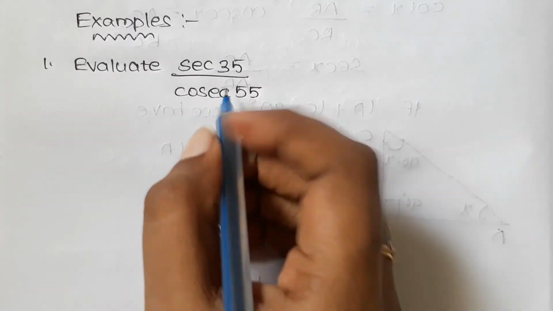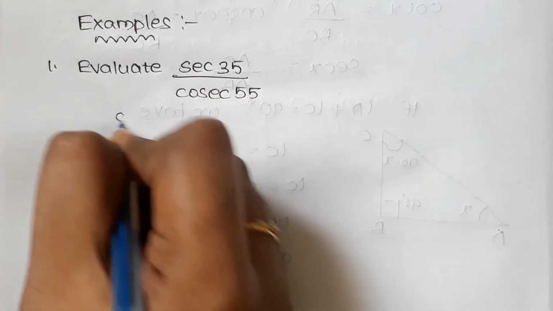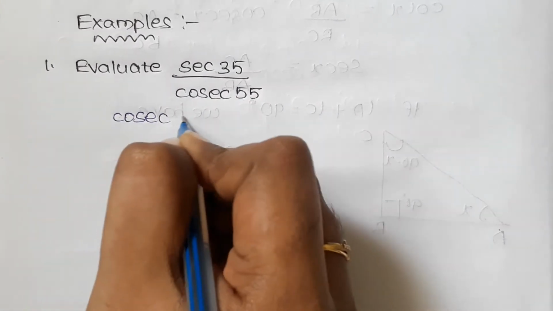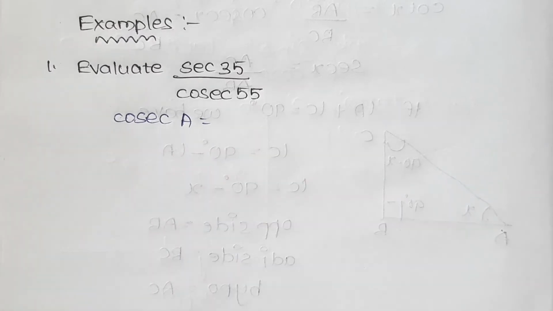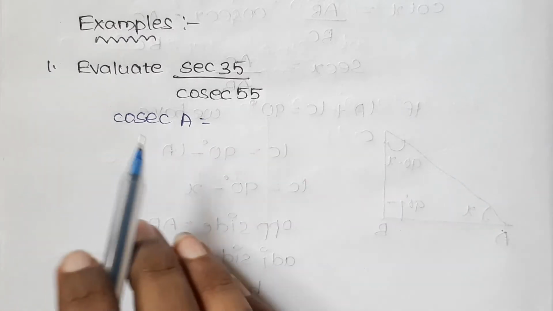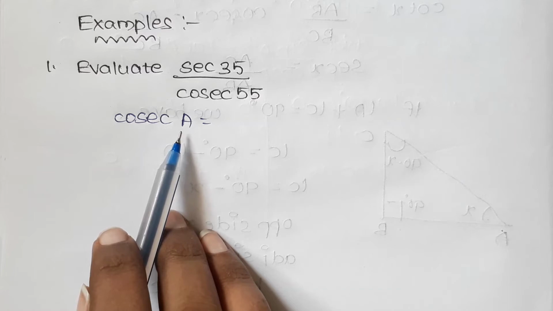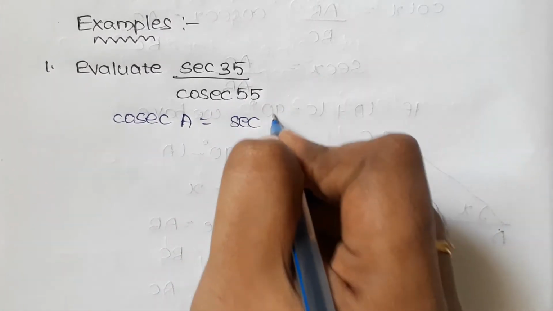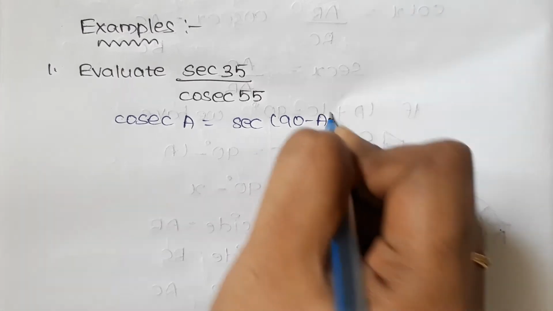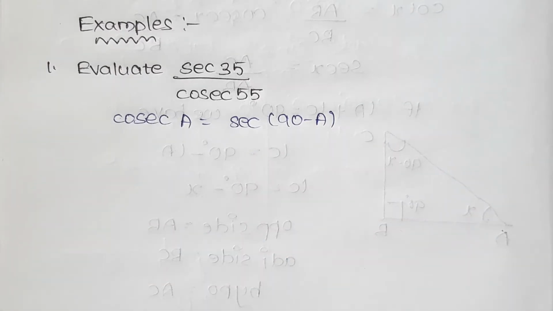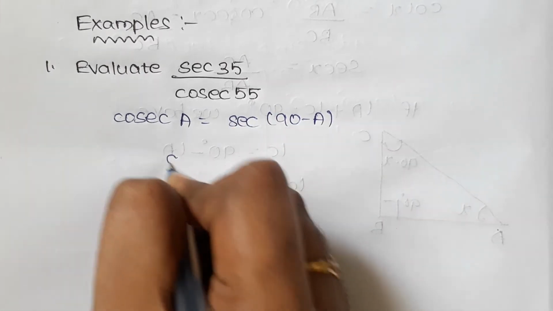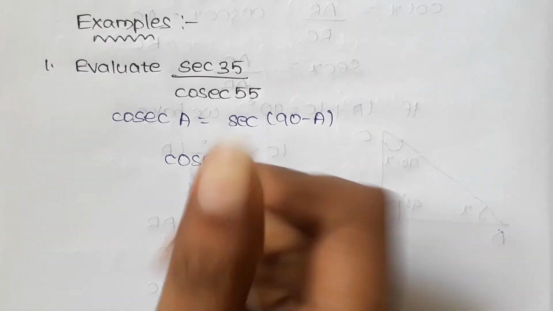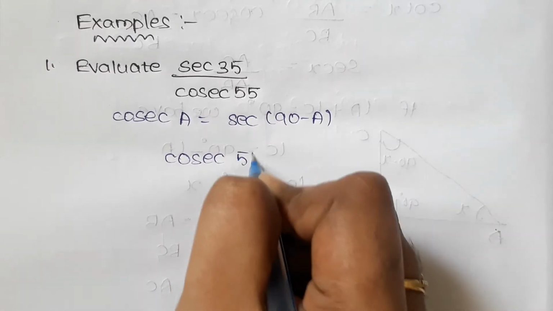Here let us take the denominator, that is cosecant A, or cosecant x. We know that cosecant A equals secant of 90 minus A, as we have seen previously. In place of A let us keep 55.